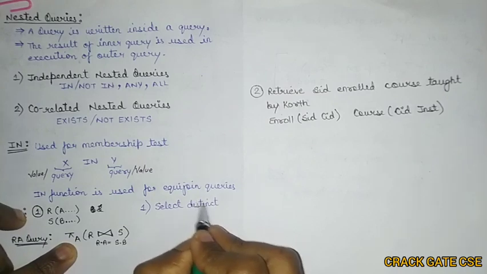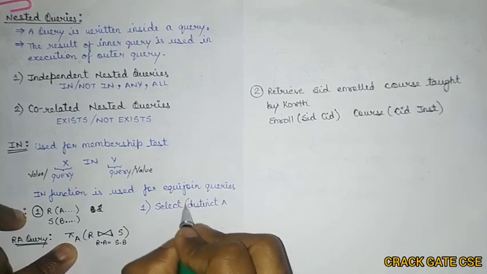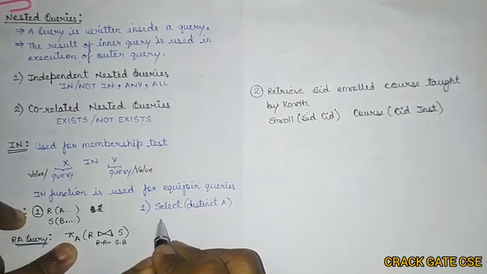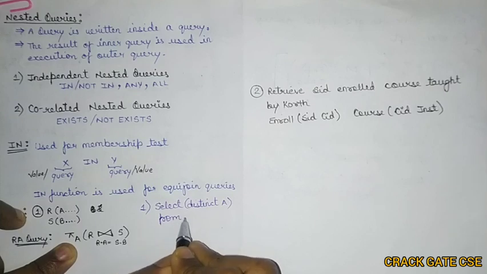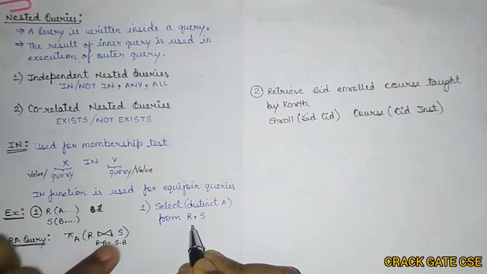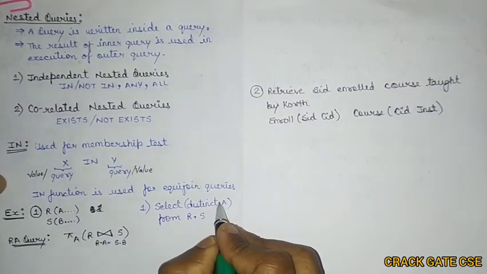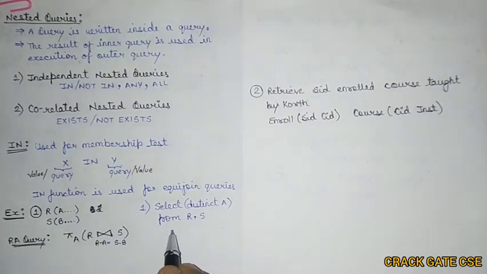So select distinct A from R, S, because we have to perform the join operation between these two relations. So I am writing it in FROM: select distinct A from R, S.